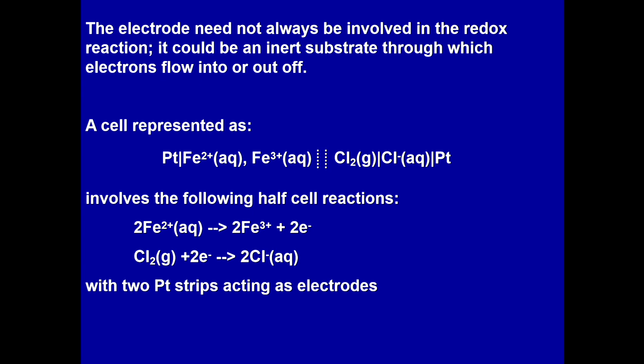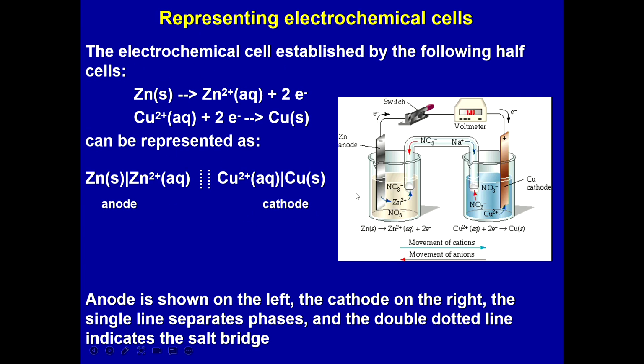This means, for example, in here we can say the zinc is an anode, right? The copper is cathode, and the zinc is also a reactant, and the copper is also a reactant.